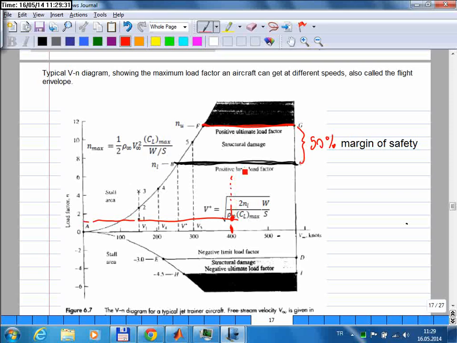But if you give too much elevator input, then the angle of attack will be increased too much, and too much angle of attack will give you too high lift coefficient value, and that lift coefficient value can put you into this dangerous area. So if you are in an aircraft flying relatively fast, you should never give too much elevator input, because that elevator input will give you a very high angle of attack, and you can easily damage the wings.